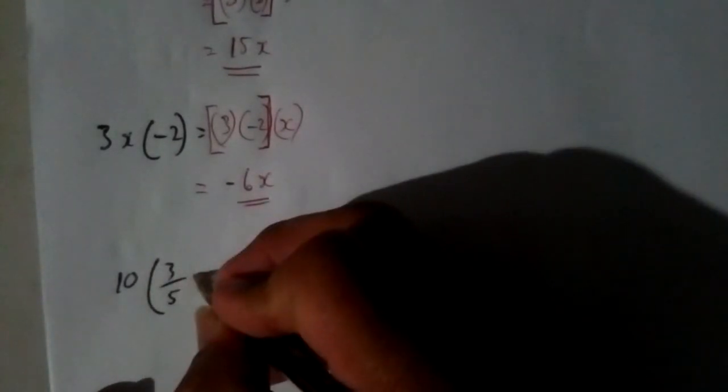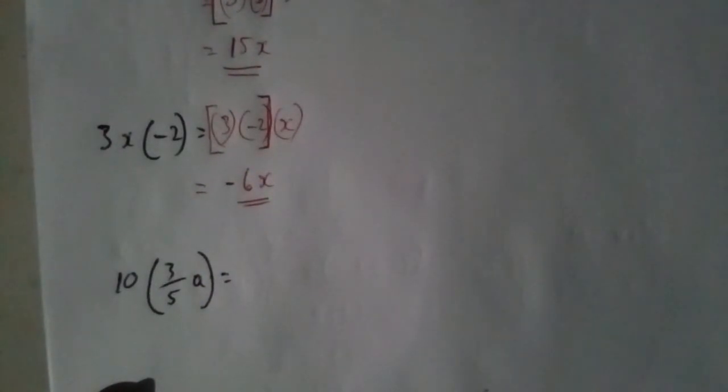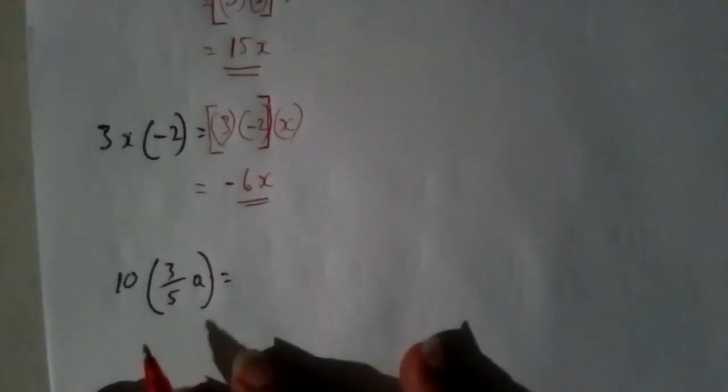And let's say we have 10 and we have 3 over 5 a equals. Again, don't worry about it, it's not that complicated. We will be grouping like terms.